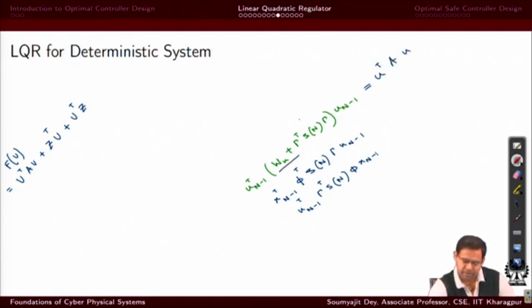So, this is my A, and this is my z transpose u. So, z, let us see what z is. Z is practically this, sorry, this is my, let us see.